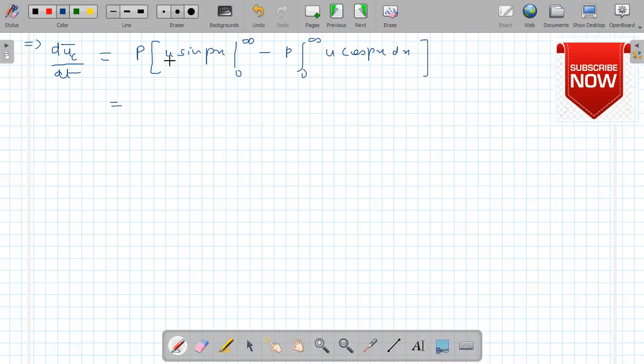Again, assuming that u approaches 0 as x approaches infinity, and at the lower limit this will be 0, and we have minus p square. This is nothing but u c bar. Okay.